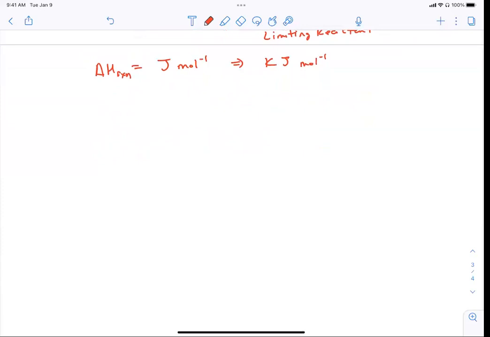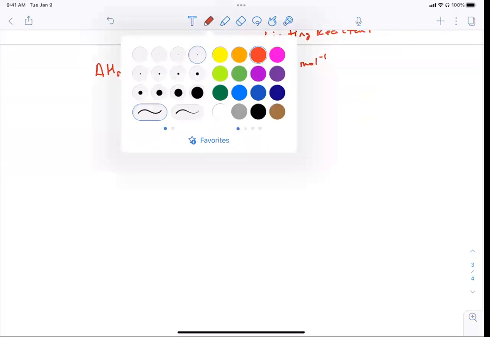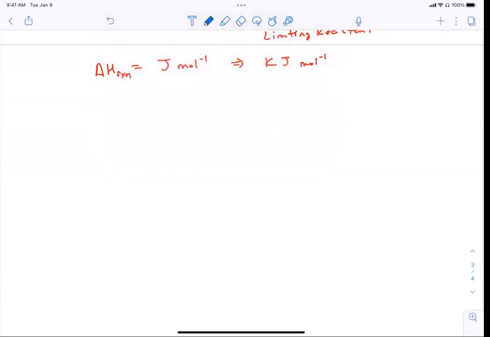Now, there's a math aspect of this, but there's also the conceptual aspect. You're probably wondering how you make this a conceptual question. Let me show you how we do that. Let's say we have a reaction where we dissolve solid NaOH into water and it releases heat.